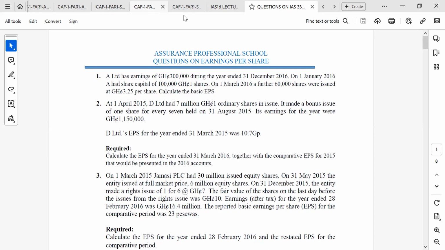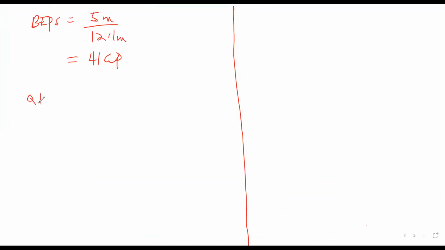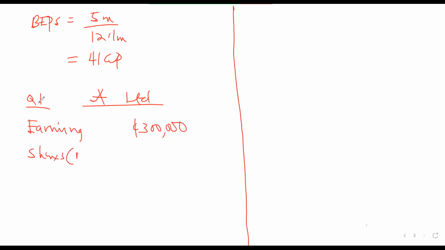Okay. So let's come to question one. A Limited. So what is the shares outstanding? What is the shares at the beginning? Or let's look at the earnings first. The earnings was 300,000. Shares at the beginning was 100,000.